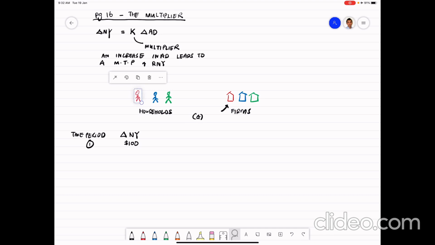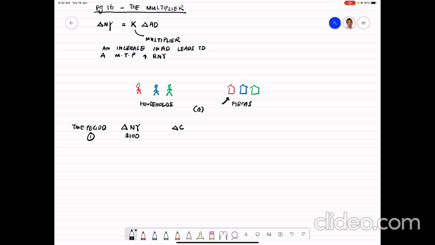Let's say he spends 60% of that $100 on consumption. So this would be plus 60 in the first round. He's going to spend $60, and the rest of it is going to go into savings. He's going to save up part of it, pay his taxes, and maybe buy some imports.